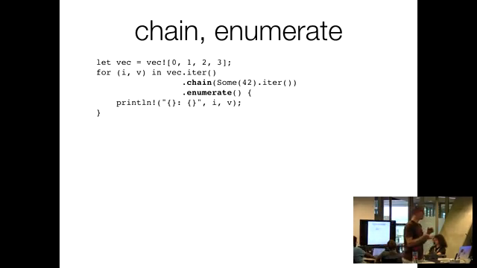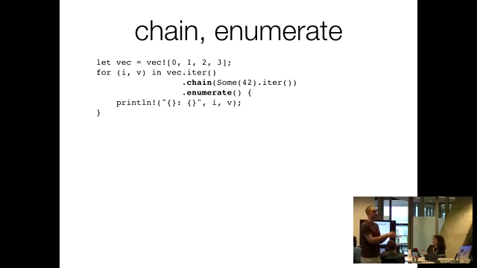Enumerate, well, sometimes, in the for loop we saw earlier, there's no counter variable. But sometimes you want a counter variable, right? It's useful. So enumerate gives you a way to get that back. Enumerate takes an iterator and gives you back an iterator over pairs of the counter variable and the value from the original iterator. And so that's where we see the for loop doing some kind of basic pattern matching on the left-hand side here.